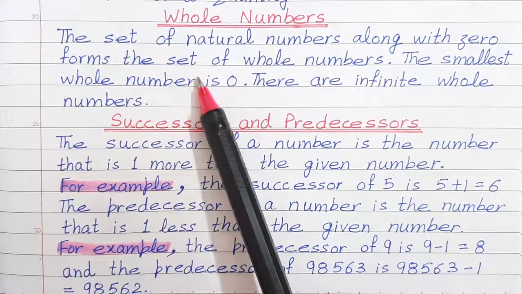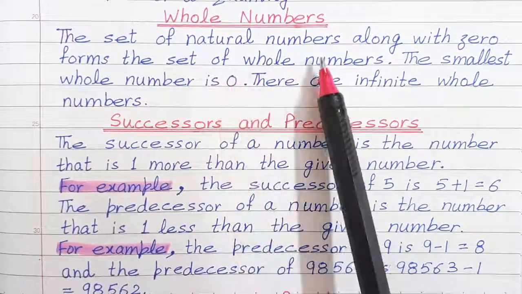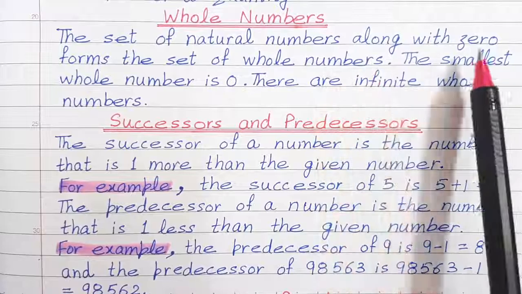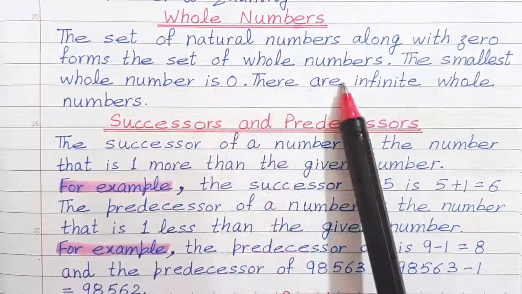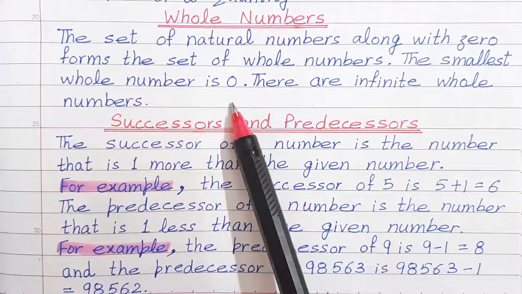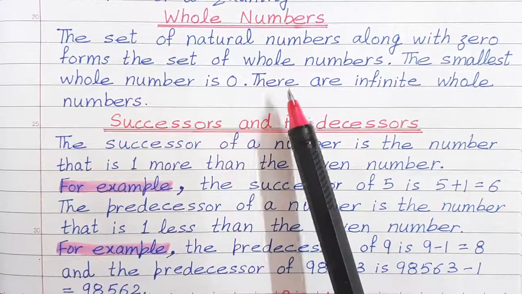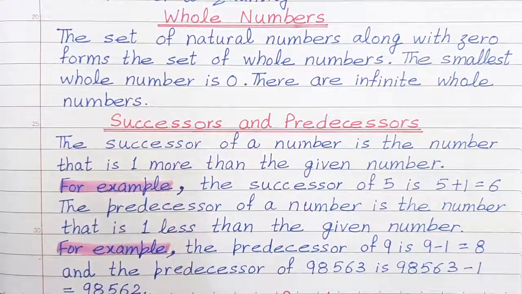So, what is a whole number? The set of natural numbers along with zero forms the set of whole numbers. The smallest whole number is 0. There are infinite whole numbers. I hope it is clear to you.